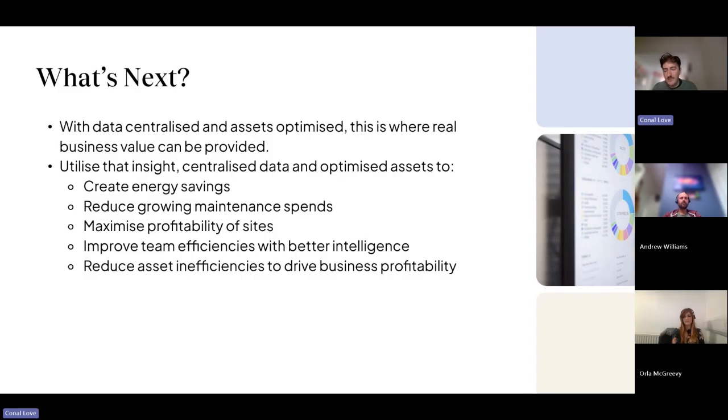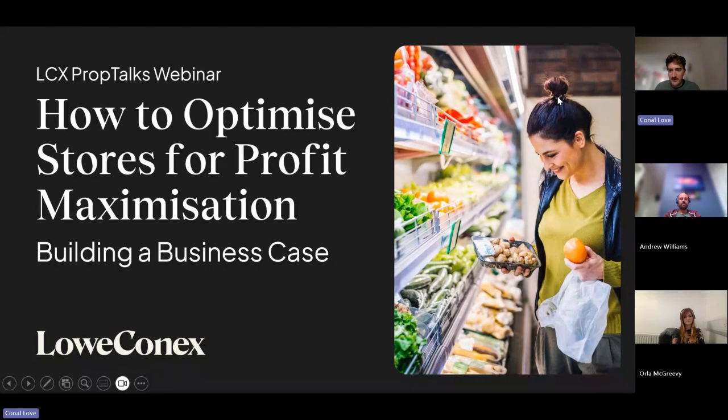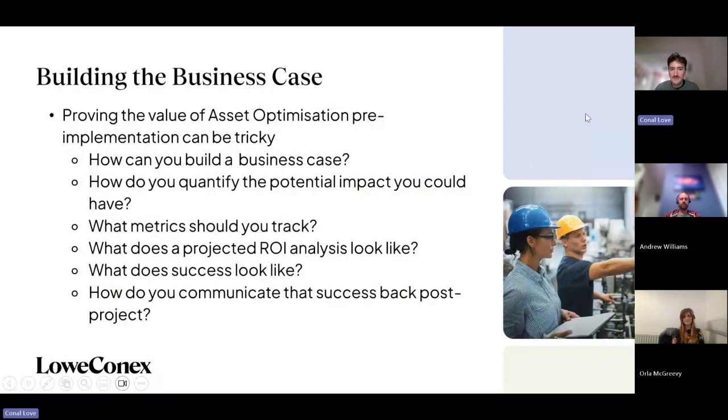So I'm going to pass to Orla now, who's going to talk less about how we do it and implement it, and more about how this helps businesses grow to be more profitable, but also how you build a business case to implement asset optimization in a company to prove the value that this can have to save money. So Orla, did you want to take us away and bring us in: how do you build a business case for asset optimization?